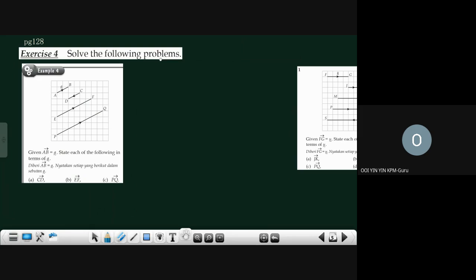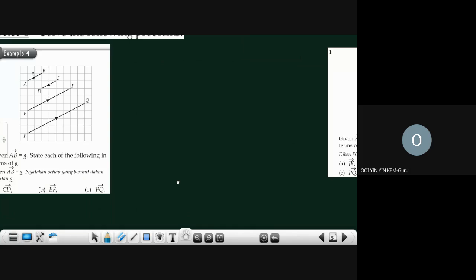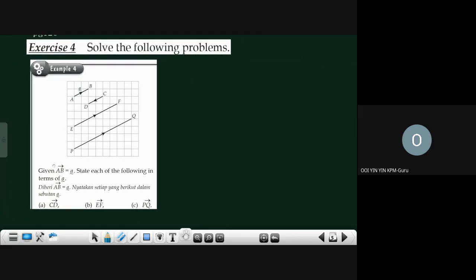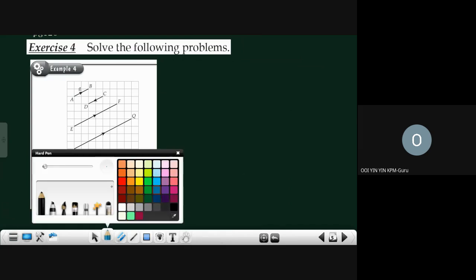Okay, so now, what we want? This question is like this now. Example 4, you see here. You have a diagram here. Given A, B, if you look at the questions here.